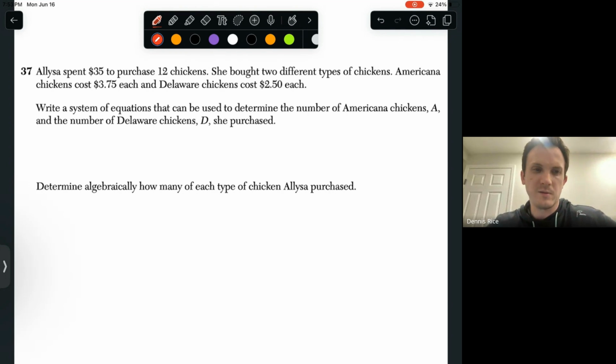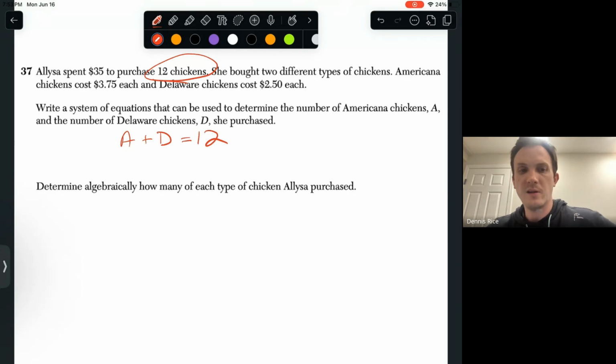This one's a little weird. What are your 2 equations? If she bought 12 chickens, that would just be A plus D equals 12. So this one has what we call a number equation and a money equation. That's our number equation.